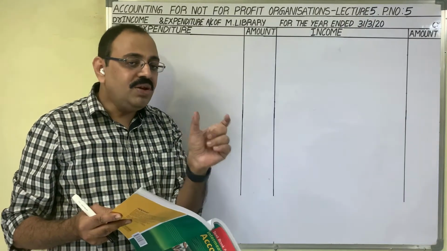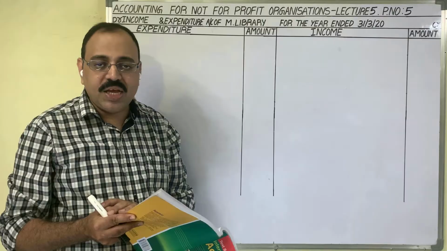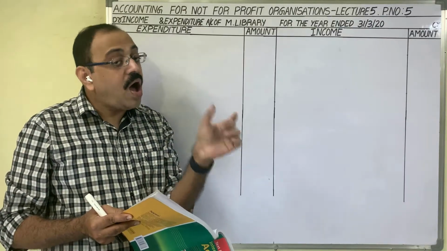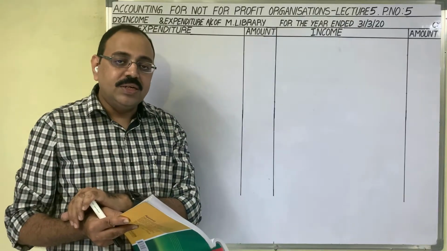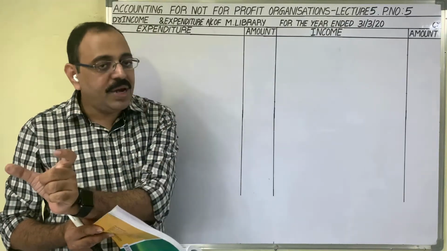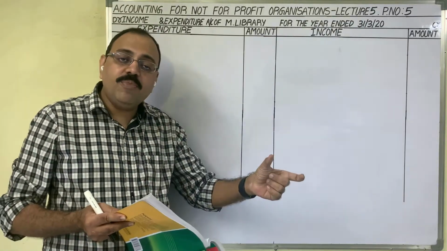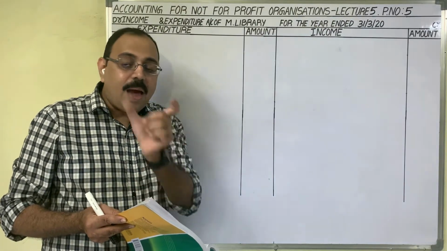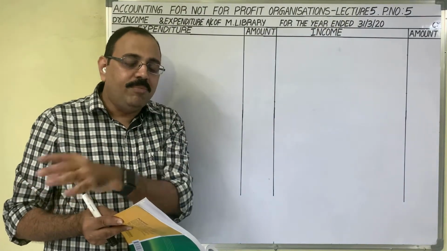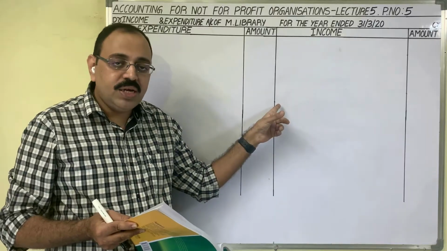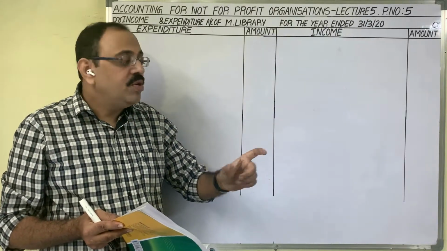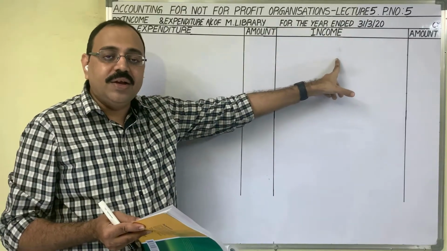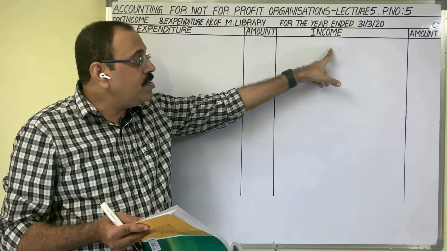Means 3,500 is entrance fees income. Of this income, half the amount we have to treat as capital receipt. So if half the amount is capital receipt, the other half is revenue receipt. Capital receipt we ignore, but revenue receipt we show here, on the credit side. What to write in the income column?